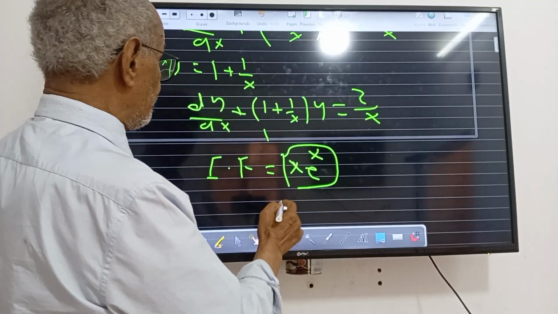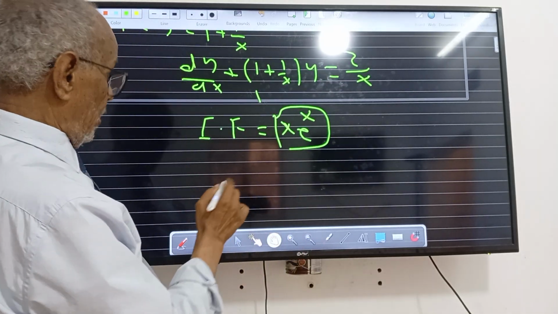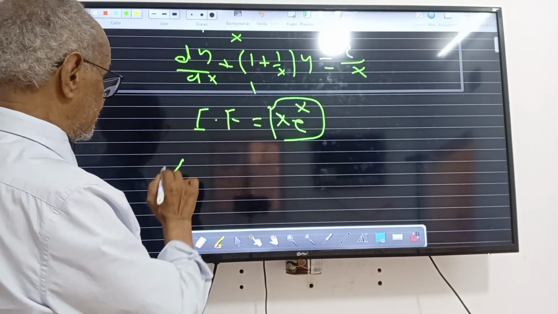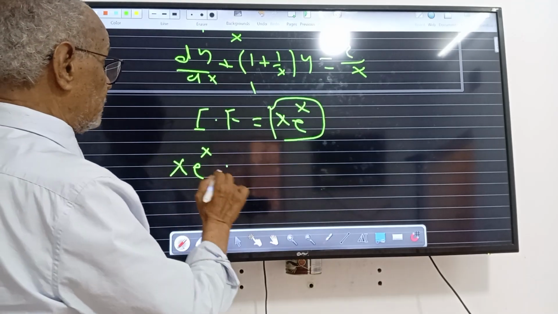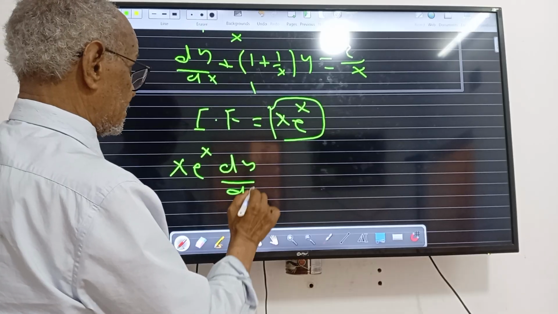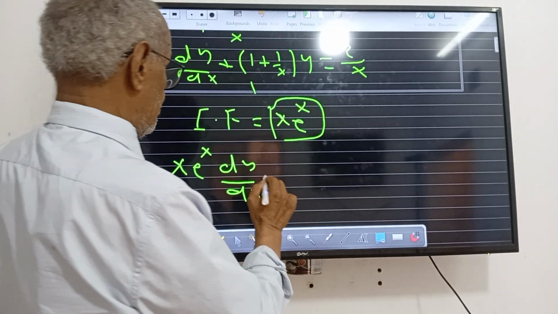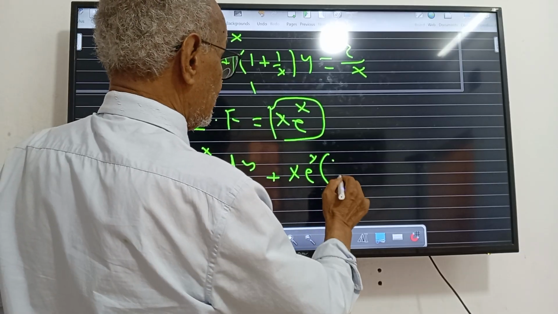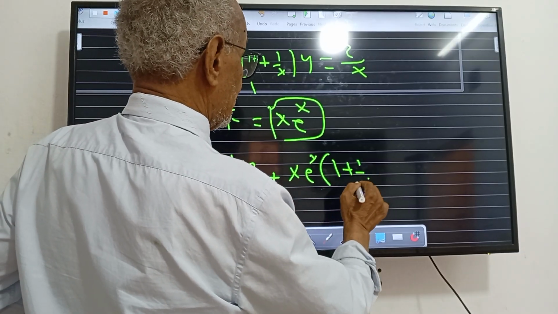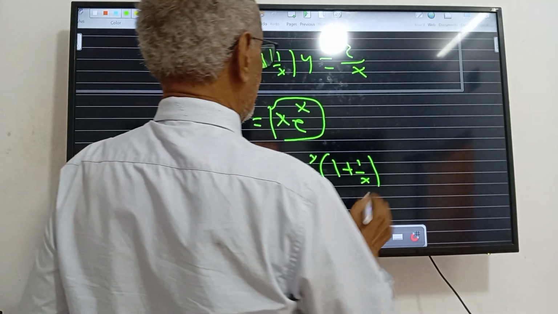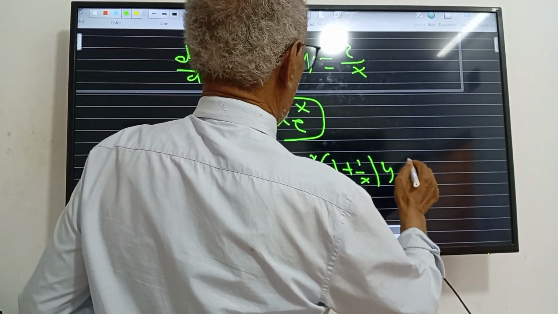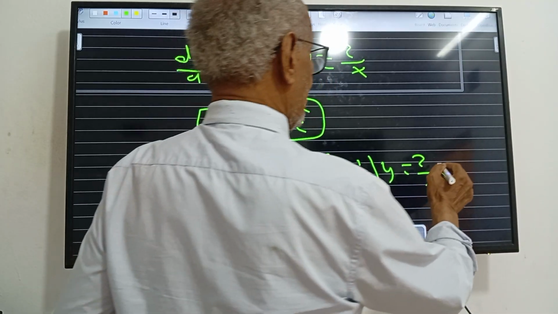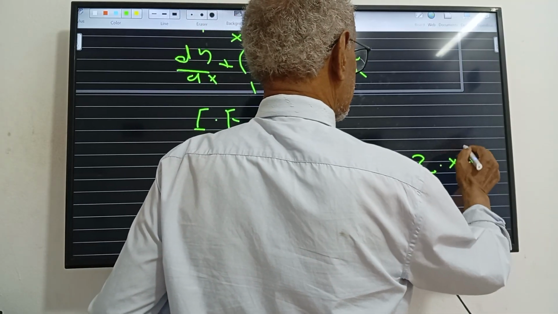So in this case, we will have x e to the power x multiplied by dy over dx, plus x e to the power x multiplied by 1 plus 1 over x, times y, equal to e to the power x multiplied by x e to the power x.